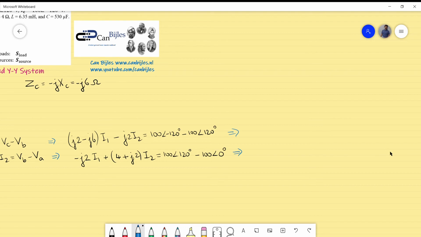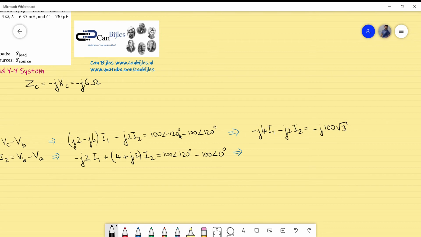So what I have is minus j4 for the first one times I1 minus j2 times I2, which is equal to, if you do the math for converting from the polar to the rectangular expression, minus j 100 times square root of 3.